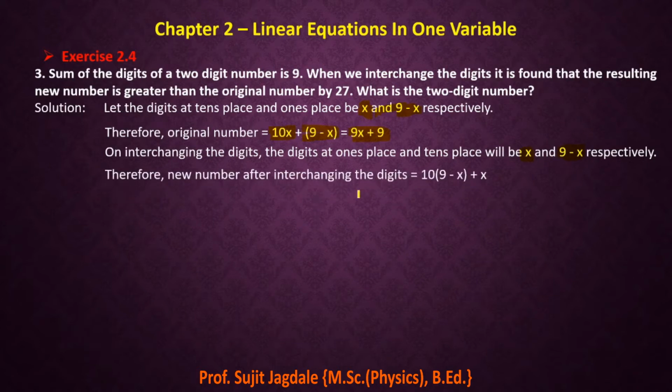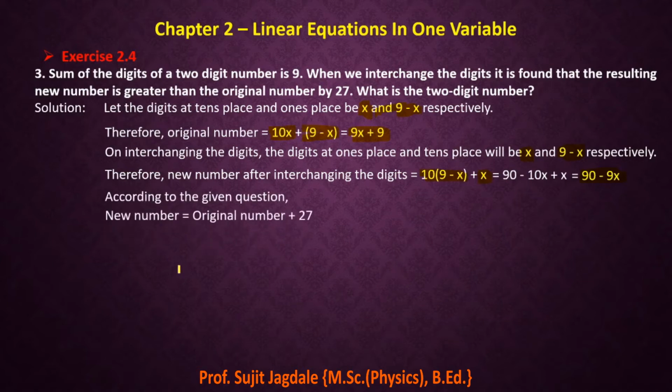So the new number after interchanging the digits we get in the same way, by the expanded form: 10 into the tens place digit plus 1 into the units place digit, and by solving this we get 90 minus 9x as the new number obtained after interchanging the digits.